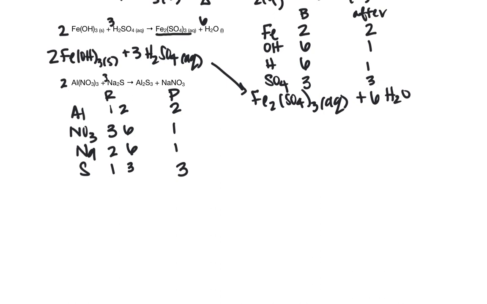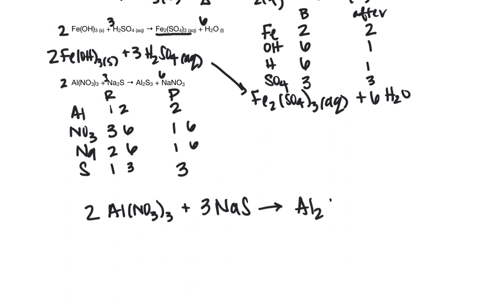So now both the aluminum and the sulfur are balanced, and we could add a 6 here, and that would give you a fully balanced equation. So we're going to go ahead and rewrite that to 2 aluminum nitrate plus 3 sodium sulfide gives you aluminum sulfide plus 6 sodium nitrate.